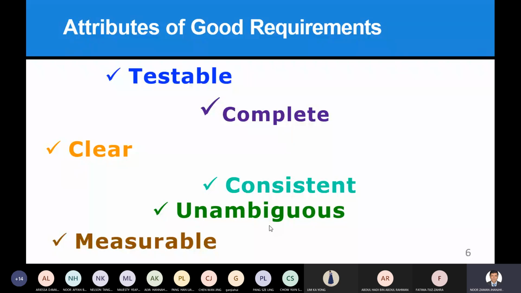In simple words, if the requirements we are collecting are testable, complete, clear, consistent, unambiguous, and measurable, then we can say that these are good requirements.